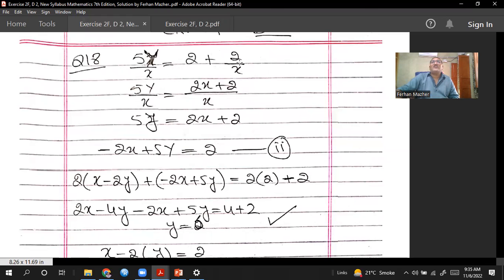So 5y/x = 2 + 2/x. Taking the LCM, (2x + 2)/x. The x and x cancel, so 5y = 2x + 2. Bring the 2x to the other side, so -2x + 5y = 2. That is my second equation.